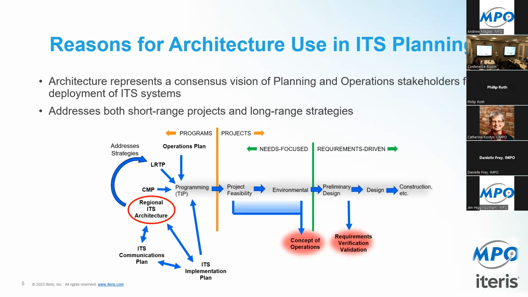When we have the statewide architecture, it only deals with statewide systems, and any outside influence from the other architectures is where that particular system interfaces with them. 511 is a great example. I'm collecting information from all those different areas for the statewide 511 system, so I only have to worry about those interfaces. I don't worry about all the other things not associated with 511. So we find those topics that are consistent across those architectures, and we use that as the platform to have a discussion about how that's done.